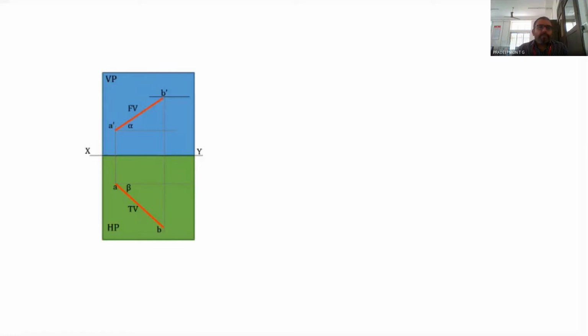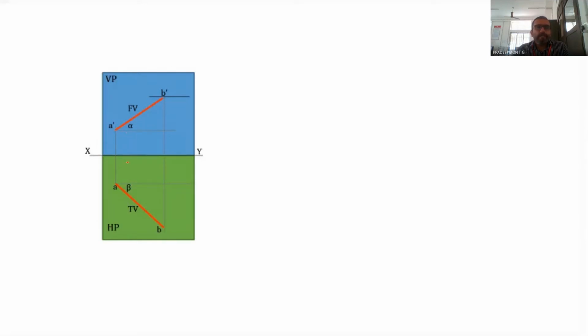So, here we have repeated the front view as well as top view of the line AB. The top view is small letter ab and the front view is A dash B dash. The front view is making an angle of alpha with the XY line, and the top view is making an angle of beta with the XY line. Is this alpha the same as the inclination of this line with HP?